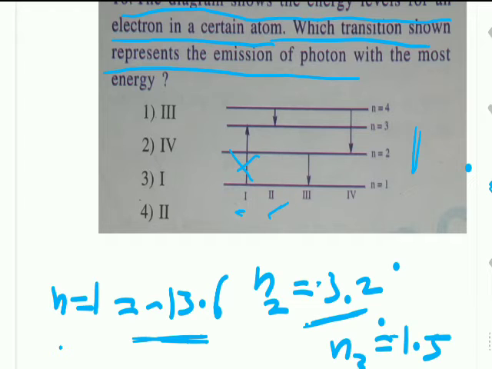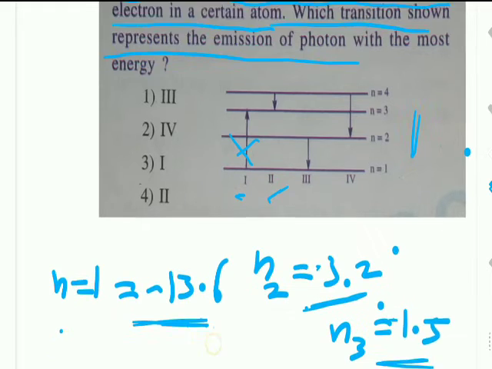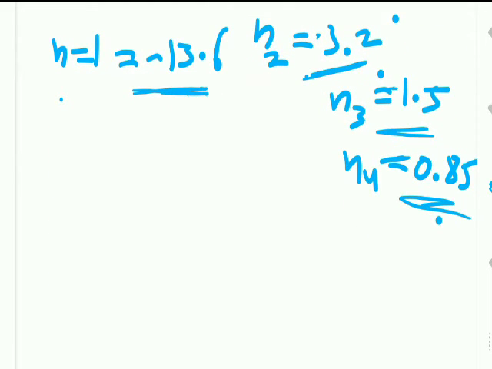In the second one, the electron jumps from the fourth orbit to the third orbit, so the energy is E4 minus E3.